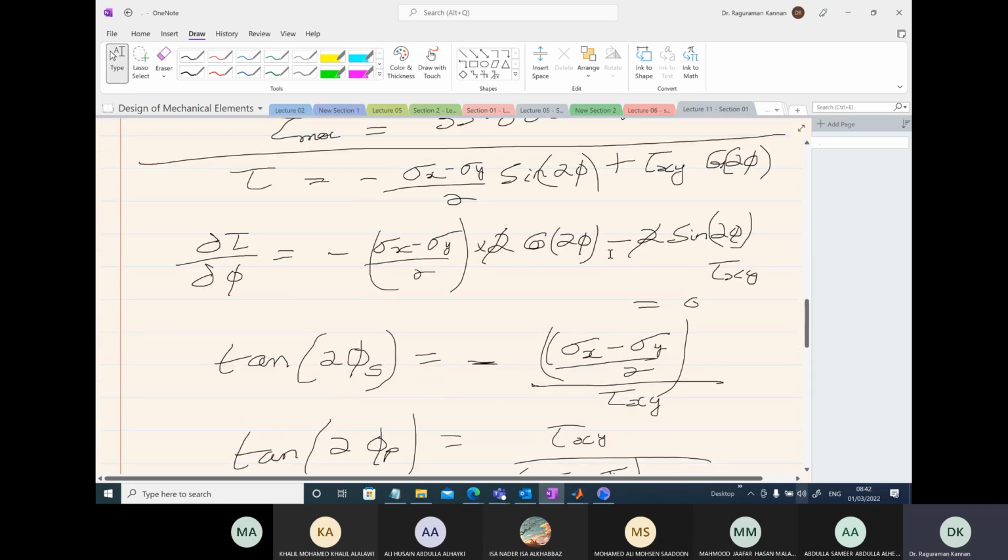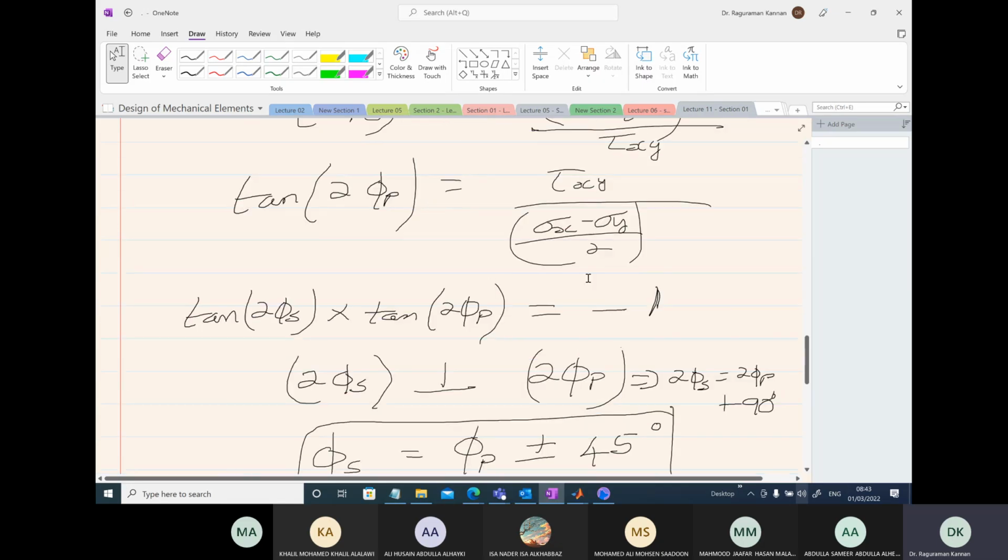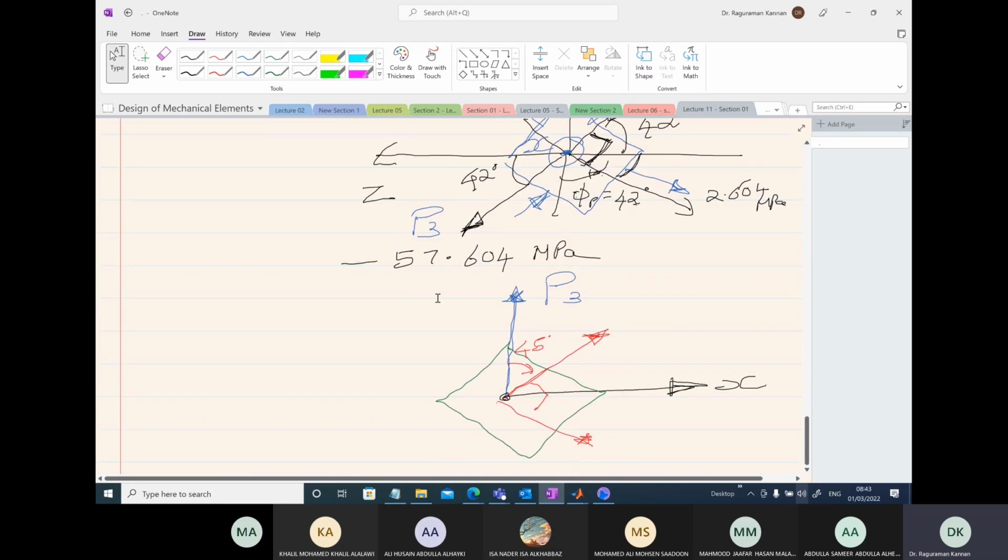Let's go up. And we have 33.803. Okay. Let me represent the shear stress with a black color, 33.80 positive value.